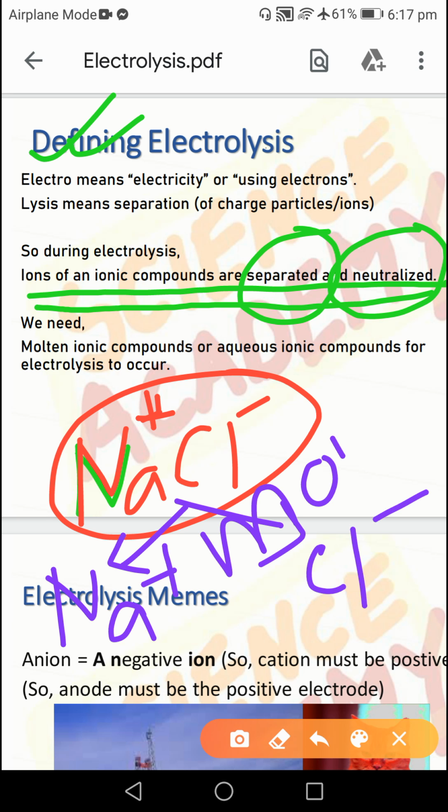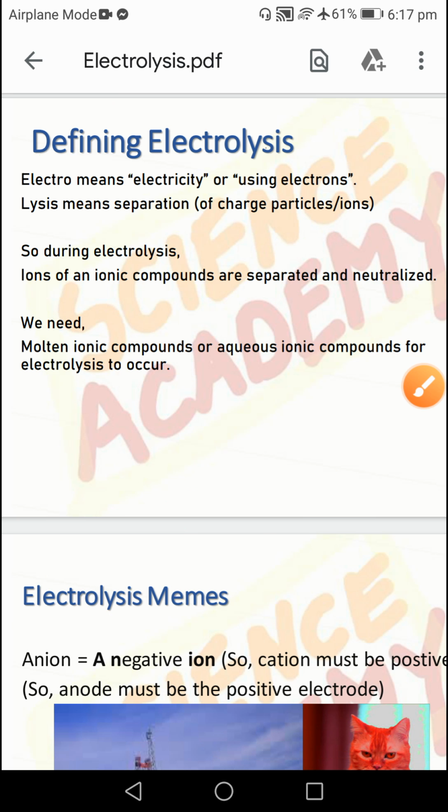Now tell me, in which state can a particle move freely about? It is the liquid state or the gaseous state. We will not be using the gaseous state here, because it is so expensive and so difficult to convert ionic solids to gases. So we will be using the liquid state.